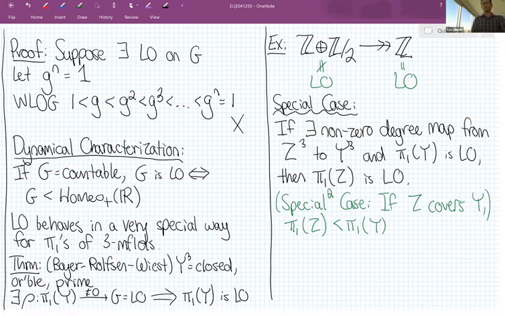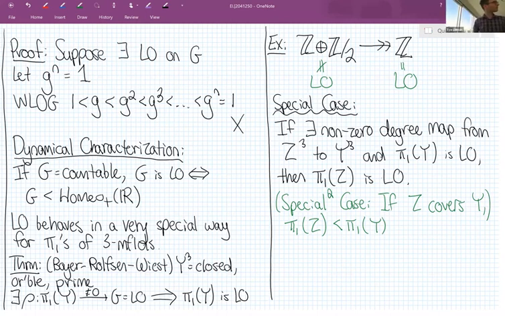Okay, so any questions about any of these ideas before we get more into the three manifold world? One question, do you know what got Bayer and Rolfson and Weiss to look at this property for three manifold groups in the first place?